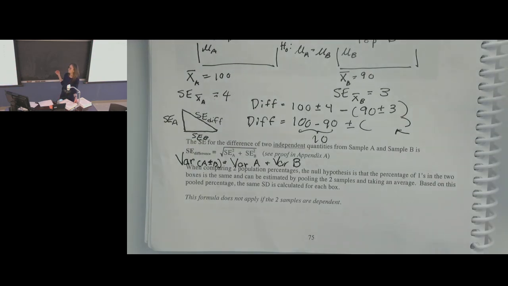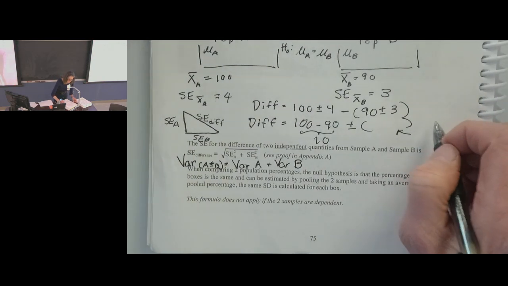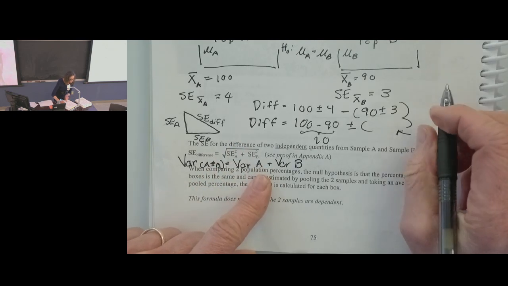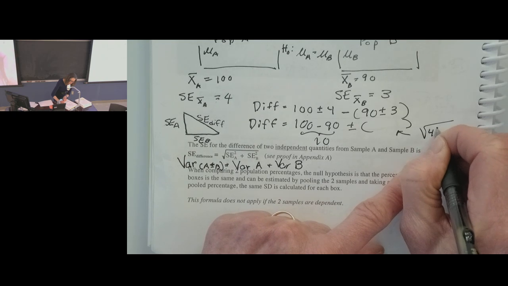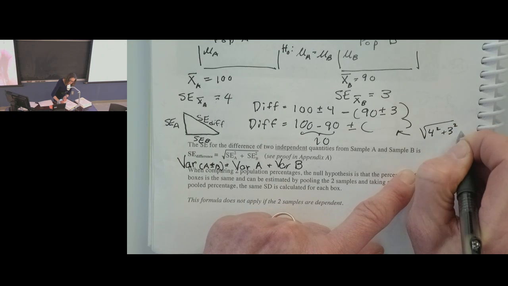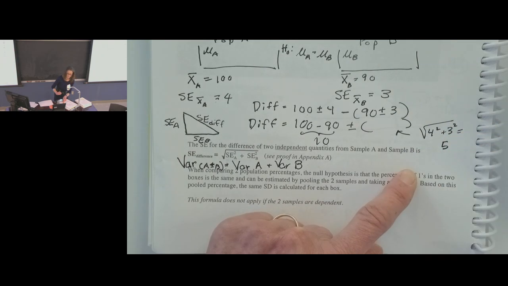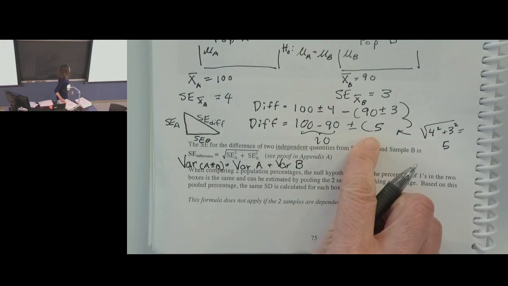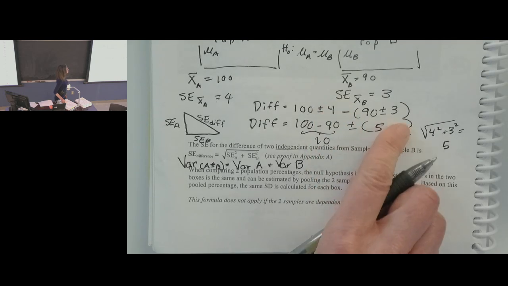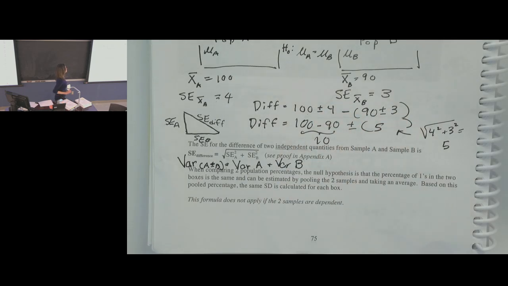Our standard error for the difference is the square root of 4 squared plus 3 squared, which is equal to 5. So that's how you do it, and you check. Make sure that it's bigger than either one of them, but smaller than the sum.